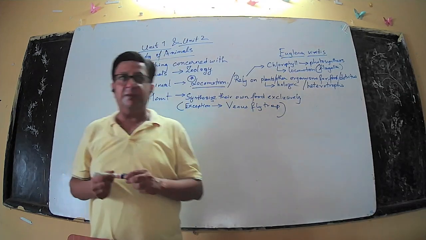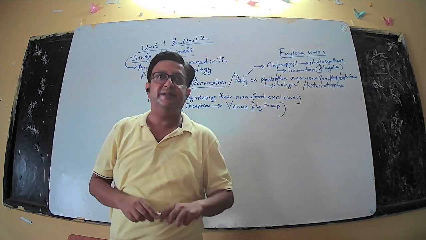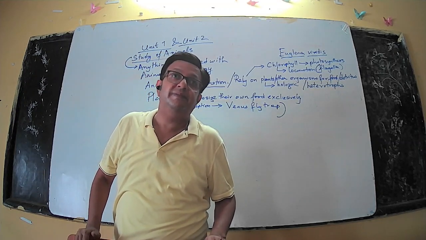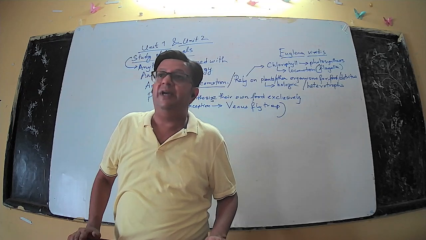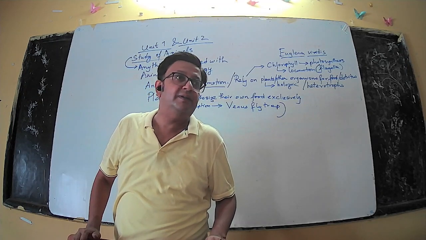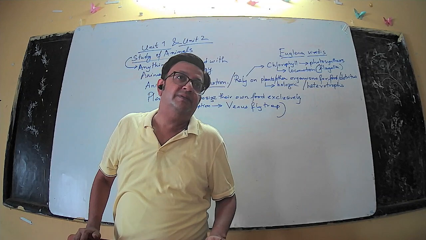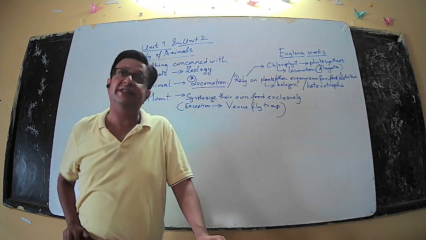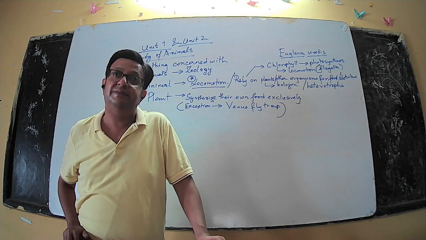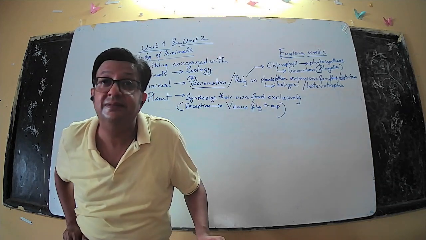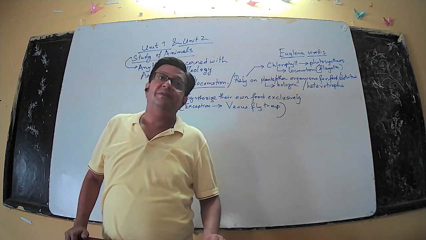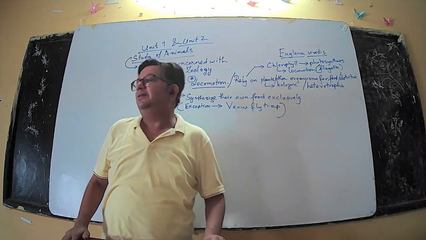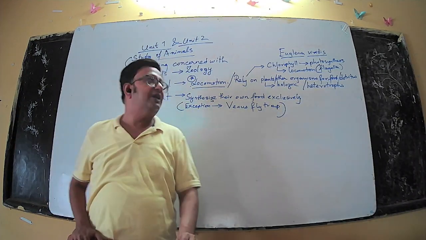Then why is this not a plant? Why is it an animal? Flagella, there is another plant or algae known as Chlamydomonas which has got flagella. They all have plant vacuoles and all.